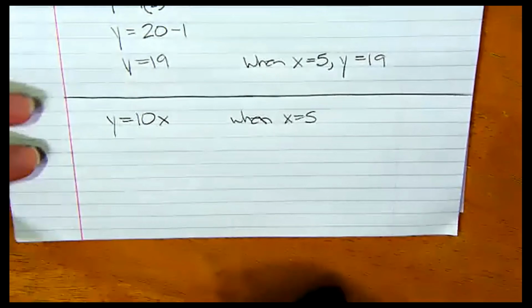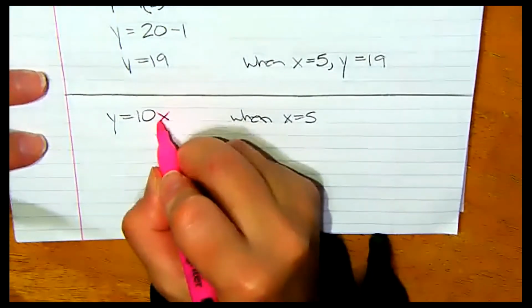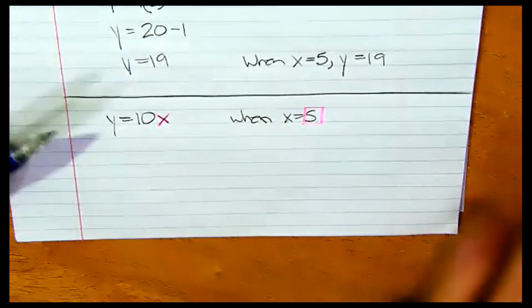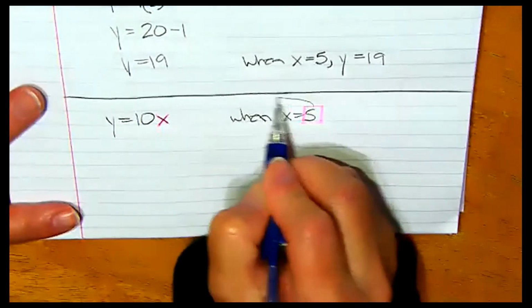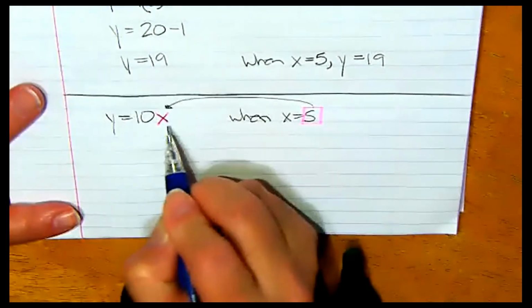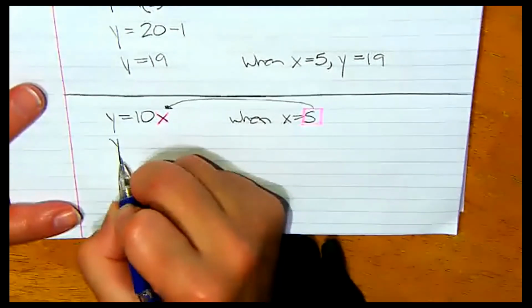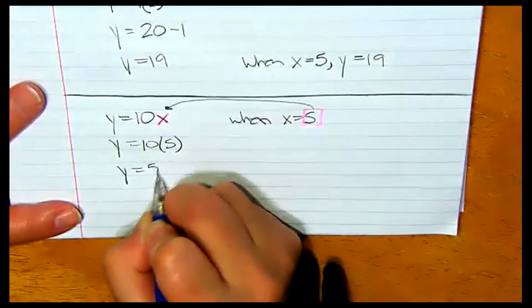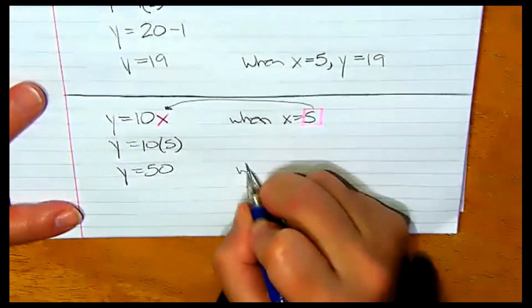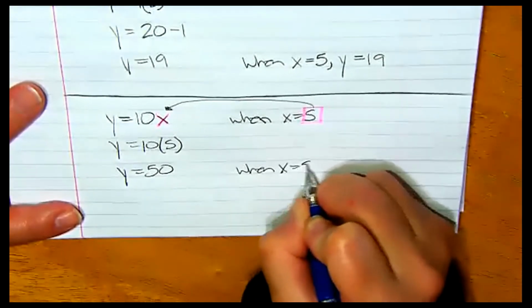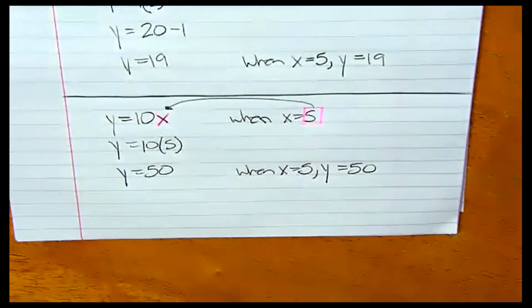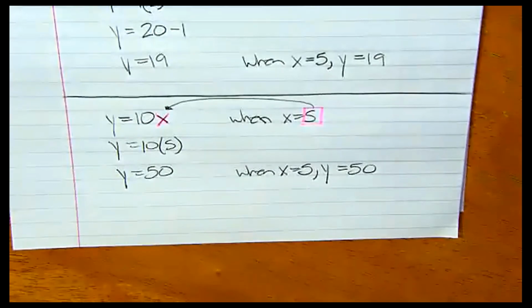So everywhere we see an x, we're going to substitute 5. So we're going to rewrite the equation with 5. Y equals 10 times 5. Y equals 50. So when x equals 5, y equals 50. That's all we're doing today.